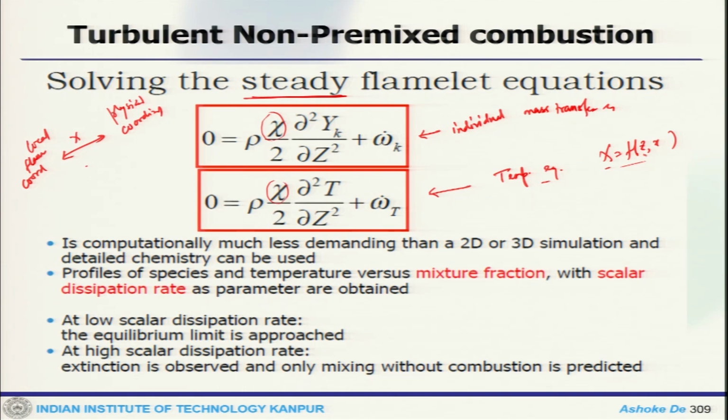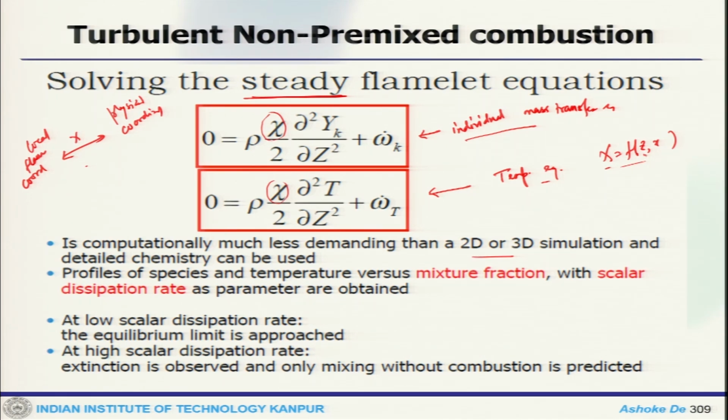If I look at it from the computational point of view, this is less demanding than 2D or 3D simulation, and detailed chemistry can be used while solving the mass transfer equation, and the reaction rate has to be calculated. But importantly, this is not done on the fly during the calculation. It is done in the pre-processing stage.